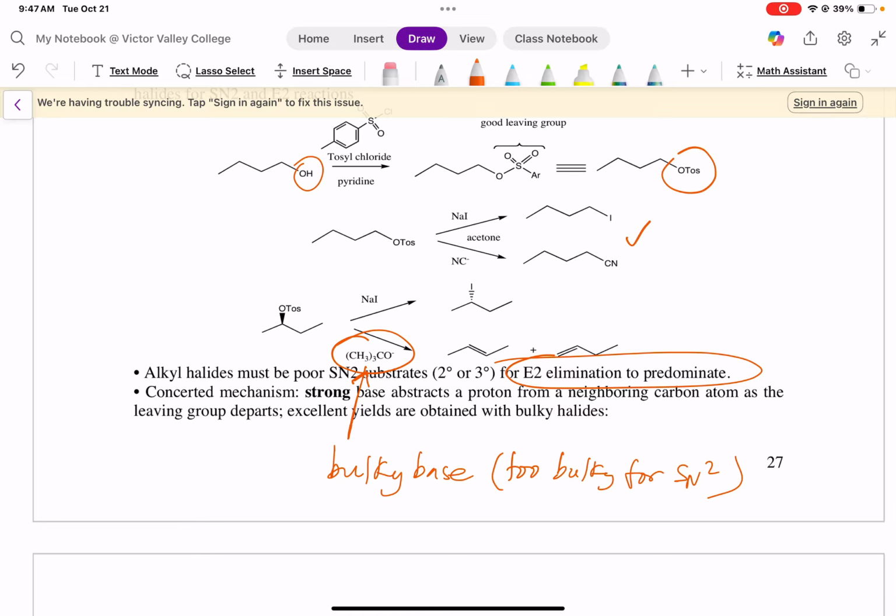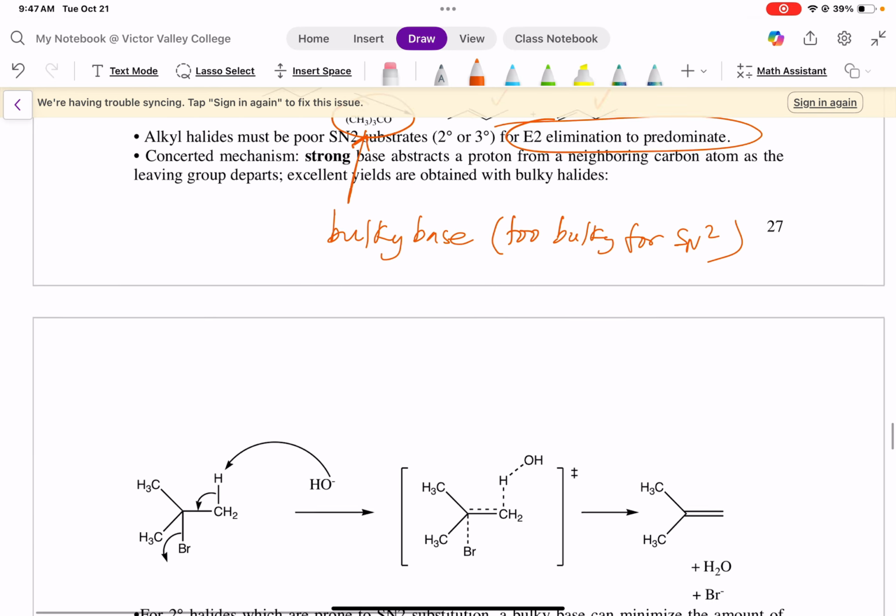This is really important. If we use that, we get elimination products. So we can control this experiment, and we get the more stable product and also the less stable product. That's a mixture. So it's very important that we pick the right base. We don't want to pick one that's not bulky, because that tends to go substitution.